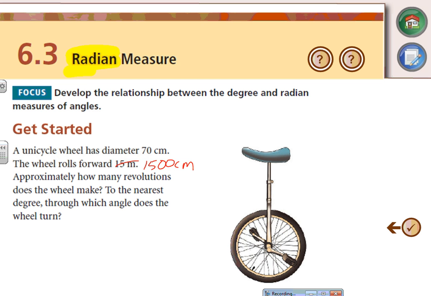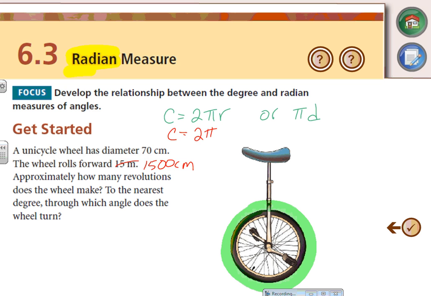Well, we can say, how many times does 70 go around and around? Our circumference is 1 revolution. So our circumference is 2 pi r, or pi d, whichever way you want to do it. I'm going to use 2 pi r. I just like that formula better. So the circumference is 2 pi, and the radius is going to be 35.